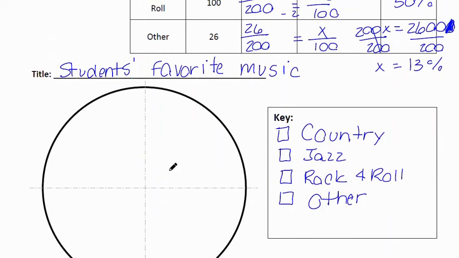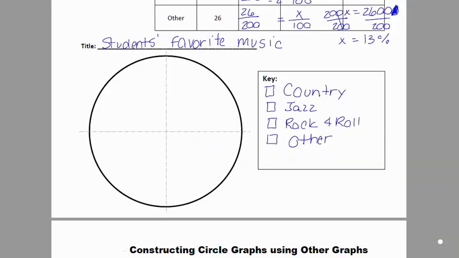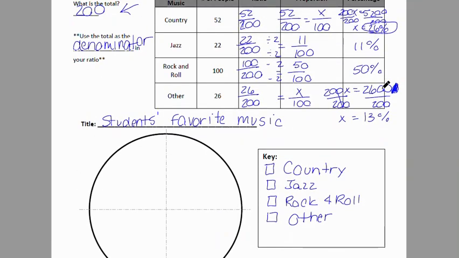And I drew these dotted lines here for you so you have some guidance. So the easiest one to cut is going to be this 50%. That's going to be half of the circle. So let's cut that. And that's going to be rock and roll.